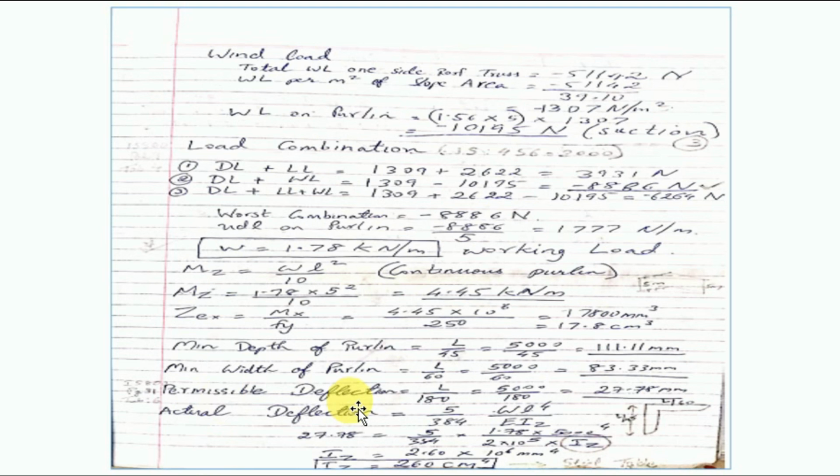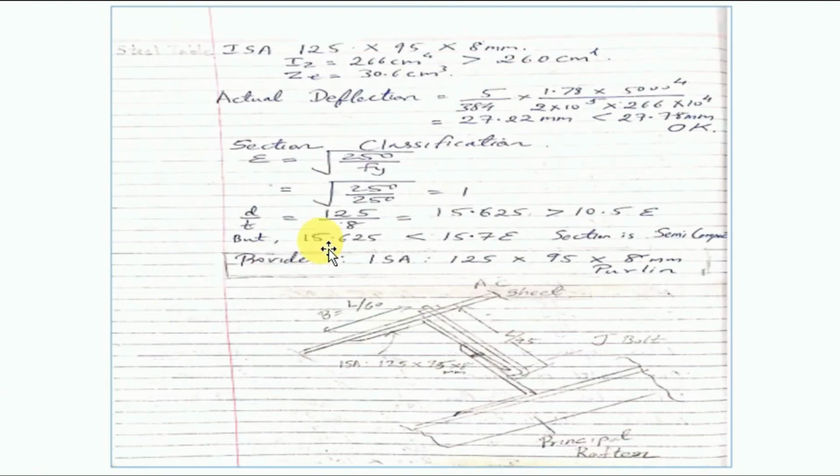Permissible deflection according to IS code 800, it is given L by 180. We are getting 27.78 mm. Actual deflection formula is 5 by 384 WL raised to 4 by EI. We need to calculate moment of inertia. We have found out 260 centimeter raised to 4. So we are taking a section from the steel table which is greater than 260 centimeter raised to 4.